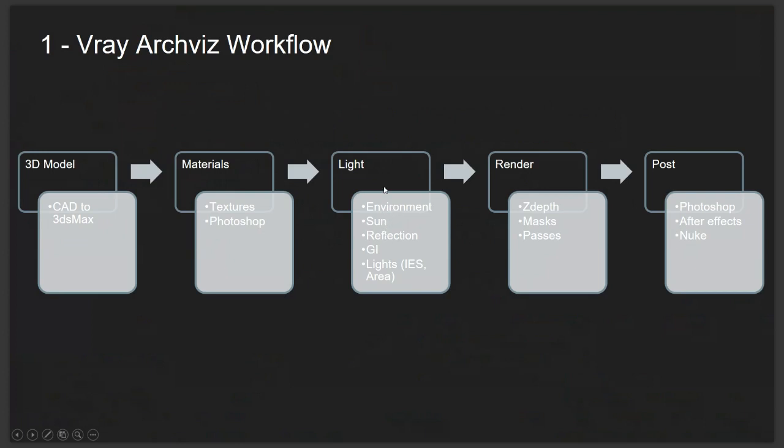Once all that is nicely put together, we'll render it out using our passes, ZDepth or any other masks that we'll then use in post-production, whether it's Photoshop, or After Effects if we're doing animations. We'll create our effects, our post, in that software.